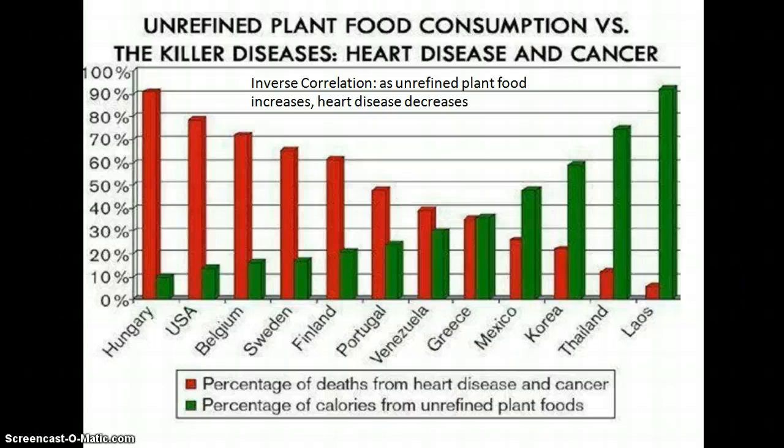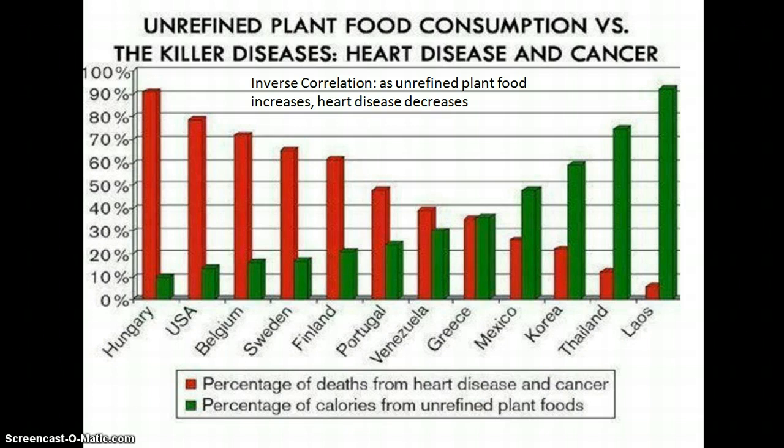Wow. So, correlation does not prove cause and effect, but it turns out we have a lot of mechanisms that have been identified. We've talked about just one today. There have been mechanisms identified in terms of both heart disease and cancer. There is an inverse correlation: as unrefined plant food increases, heart disease decreases.